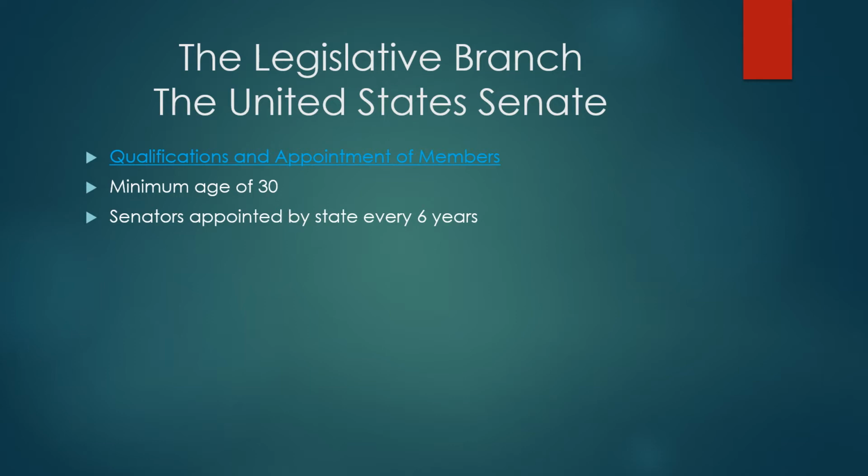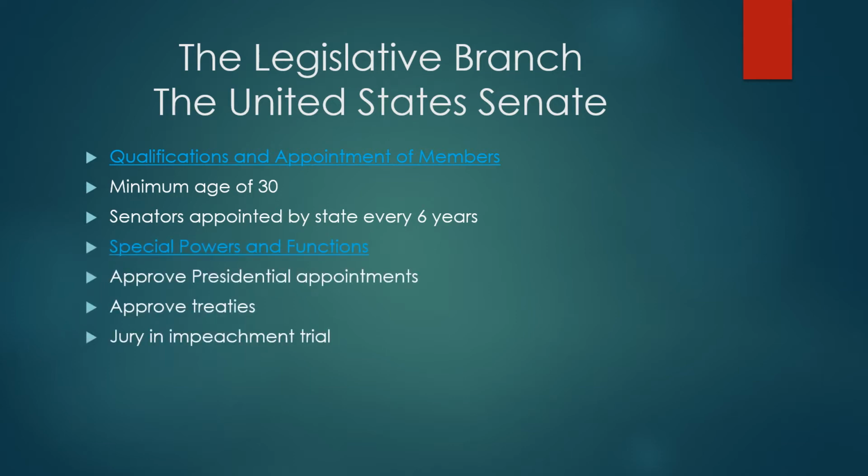So they're not really worried about popular opinion. So they can kind of think more in terms of what's best for the country. Notice the balancing that's going on here with creating very, very different branches or very different parts, houses of our legislative branch of government.